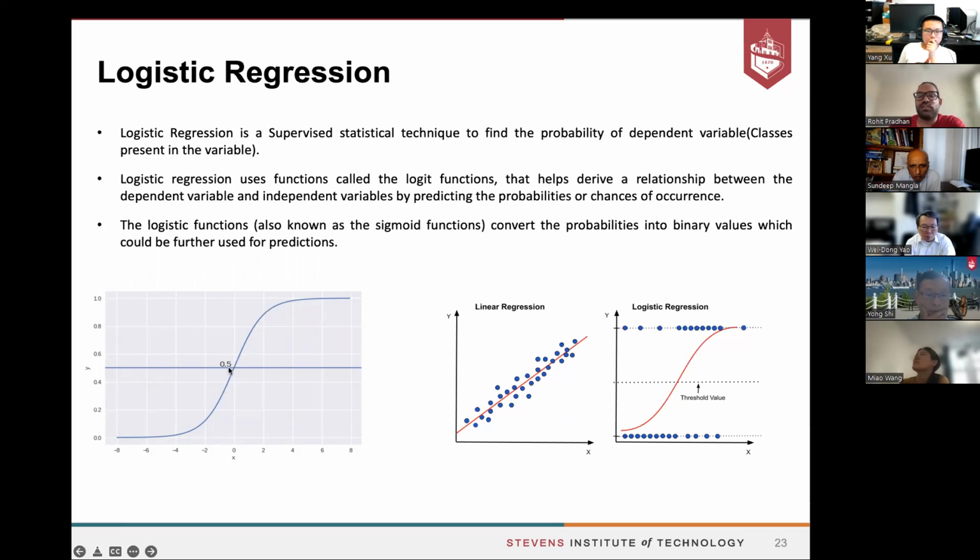In common practice, we take it as 0.5. If the probability value is above 0.5, we will classify it as class 1, and similarly, if it is lower than 0.5, we will classify it in the 0th class.